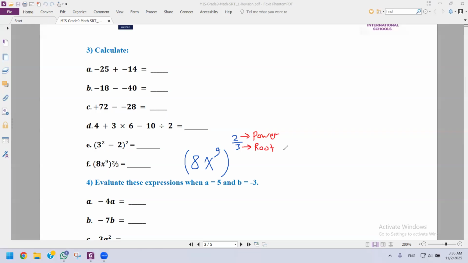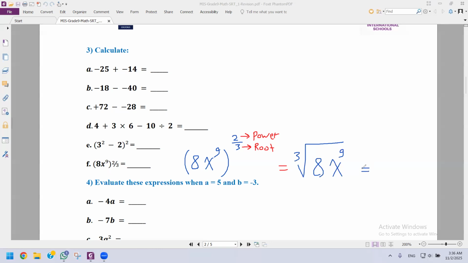Okay, which root do I have? It's a 3, which means the cube root. Now, let me write it down. I will write the cube root, because it's 3, of 8 and x power 9. Now remember this, power and root as a fraction.